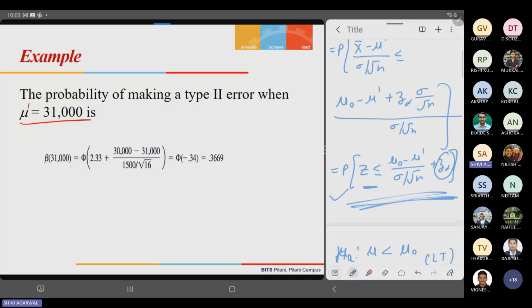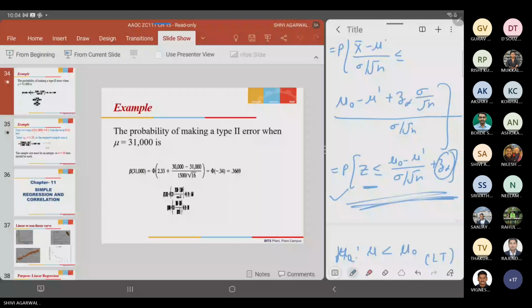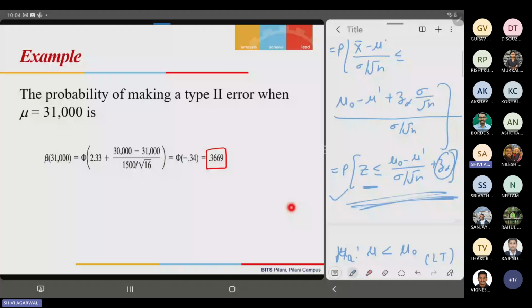We are putting mu naught, 30,000, minus mu dash, upon sigma upon root n, plus Z alpha. And that becomes minus 0.34. Sorry, and it is 0.3669.